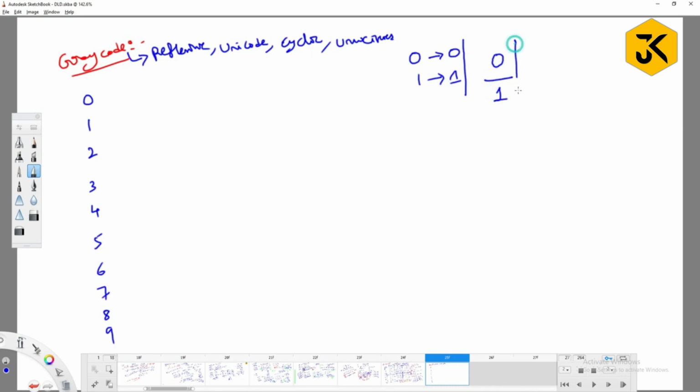You have to think. For example, if I take 2 bits, I am trying to take it as a mirror.